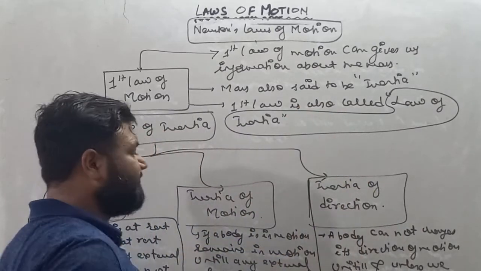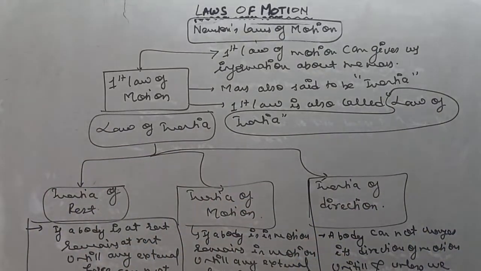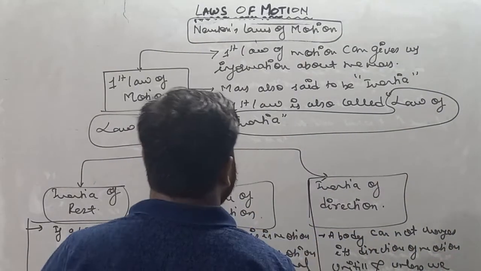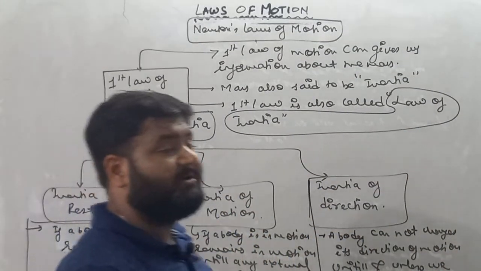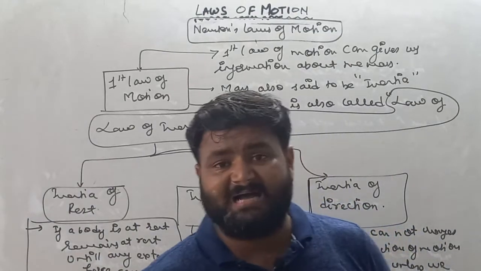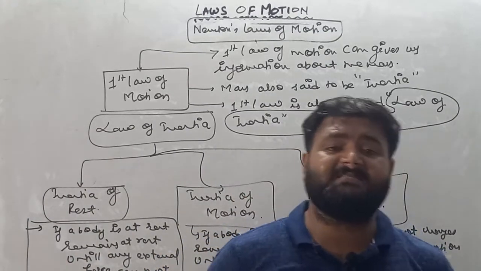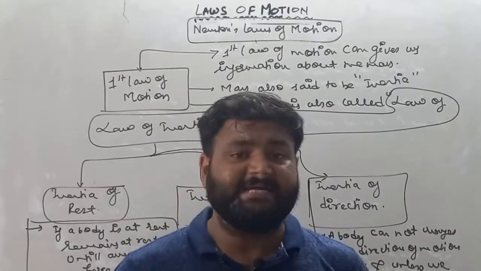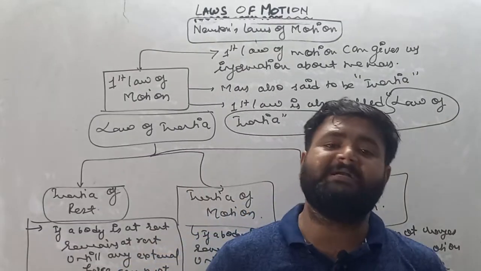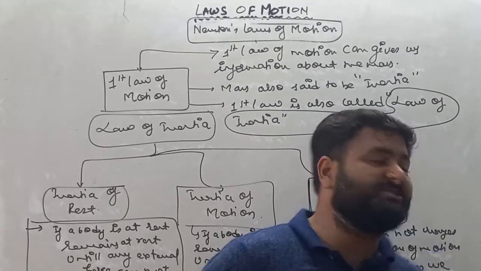So remember, my dear student, the first law is nothing but the law of inertia. This law can tell us about the mass, what actually mass is. And we all know about mass: mass is the physical property of a body. It is a scalar quantity. It only depends on magnitude but not direction.